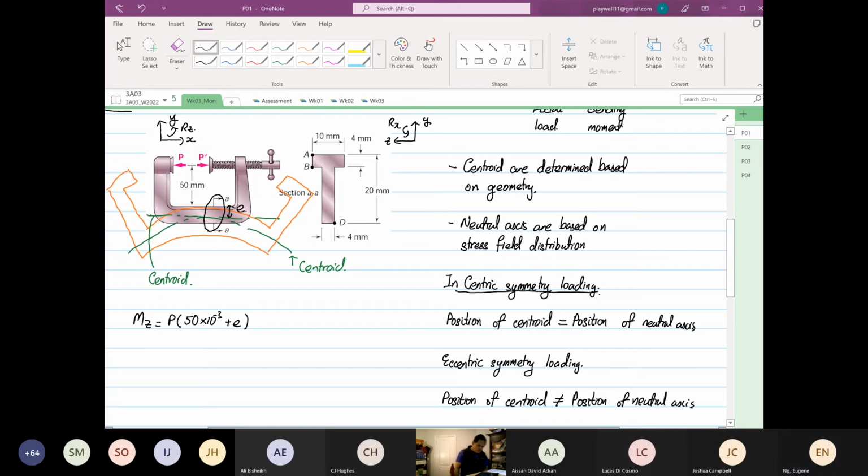That is my e, and e is the position of the centroid from the top of the cross section.